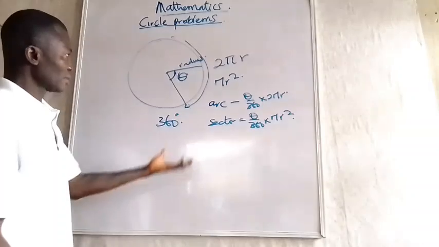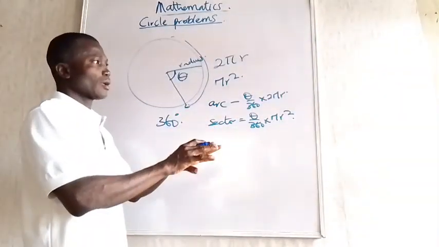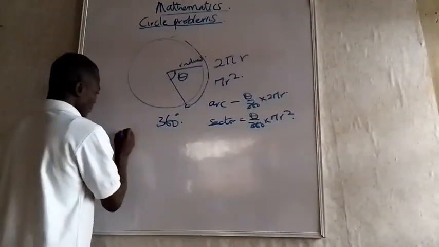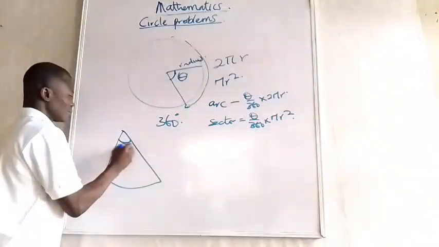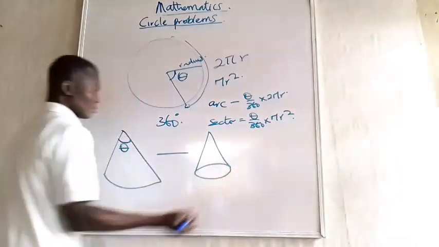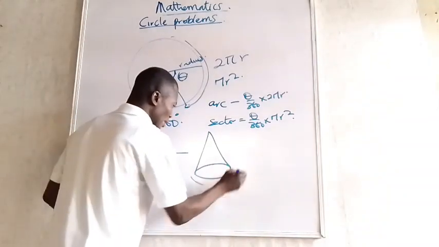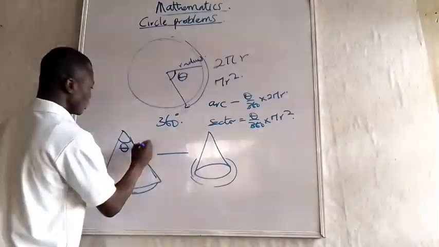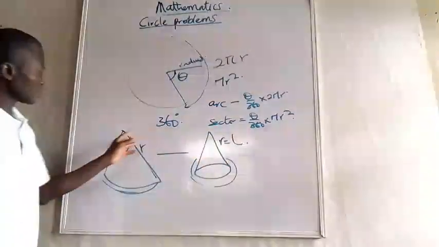Oh, before we leave this, I also told you that a sector can be converted to cone. So, assuming I have a sector like this, and I'm converting it to cone, you understand? This place will become the circle under the cone. And this radius here will become the slant height here.